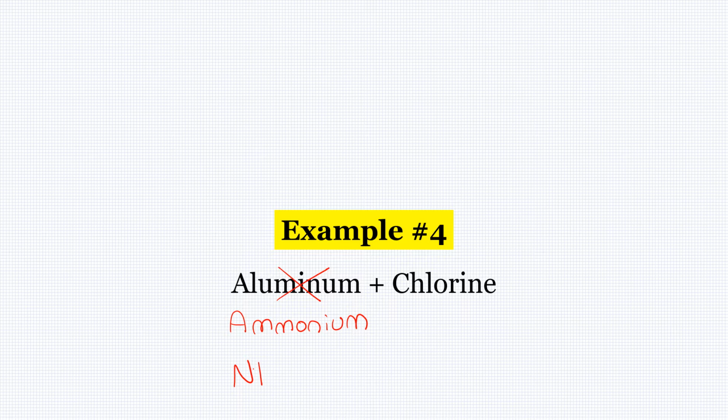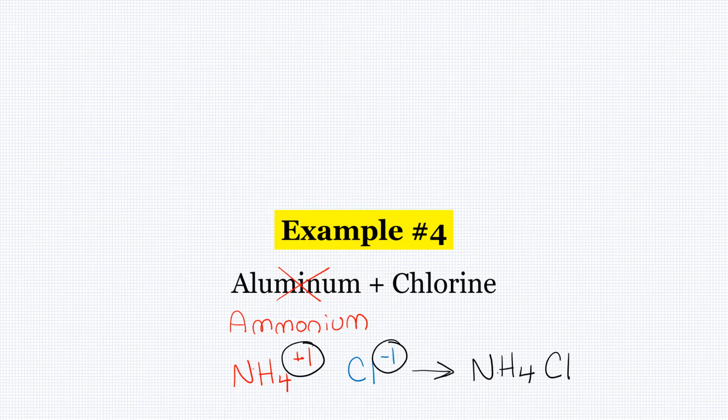Ammonium is one of those rare cations that is polyatomic. So it has a +1 charge. Our anion in this case is chlorine, which is Cl with the -1. So this is a 1-to-1 ratio. So this will be NH4Cl. Don't have to change anything, don't have to do parentheses because it's a 1-to-1 ratio. We have a +1 and a -1. Everything's cool.